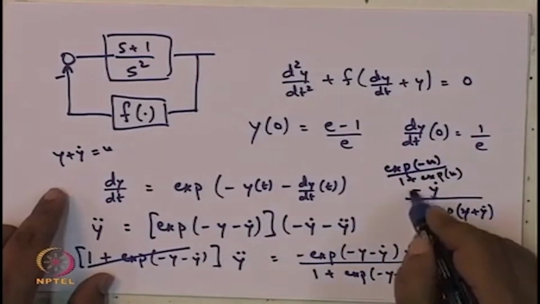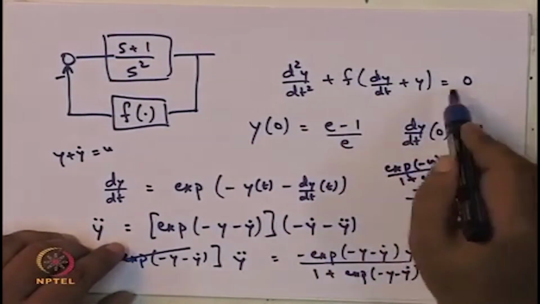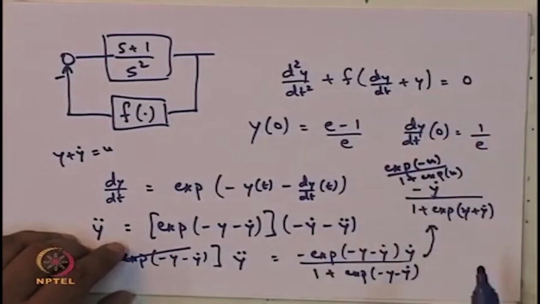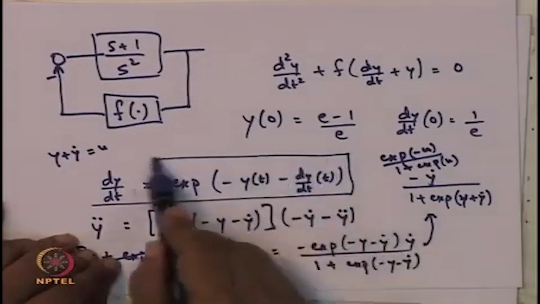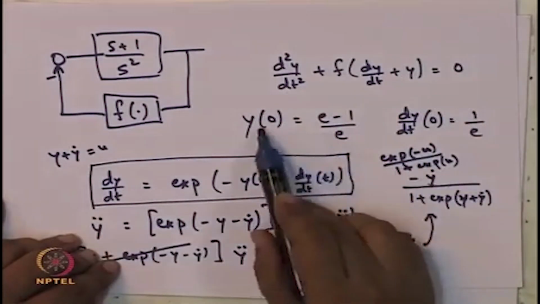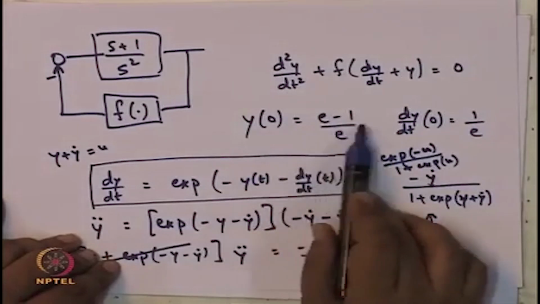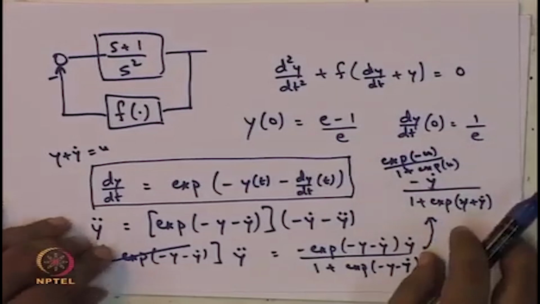Okay. This minus sign is appearing essentially because when you take the f to the other side, there is a negative. Okay. So, this particular solution is indeed a solution to this differential equation with initial conditions given by y at 0 is (e minus 1) by e and dy dt at 0 is 1 by e.